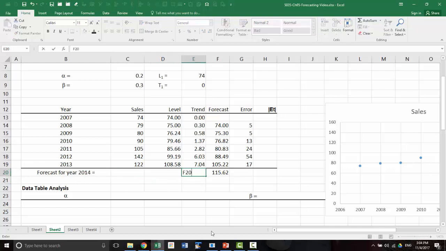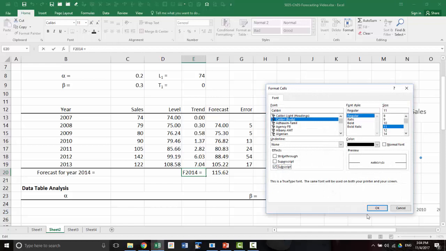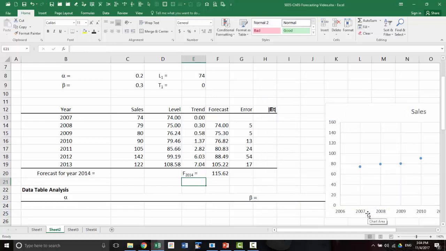So that'll be F of 2014, and highlight 2014 to the end.